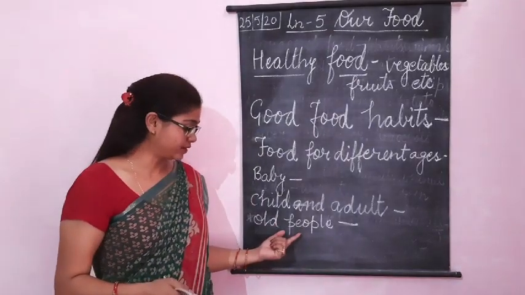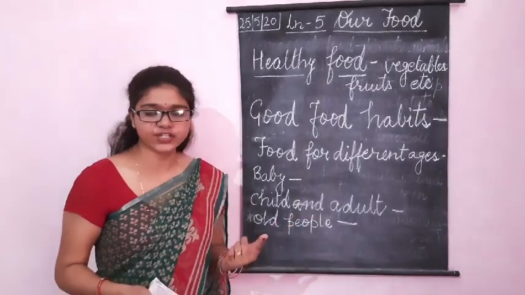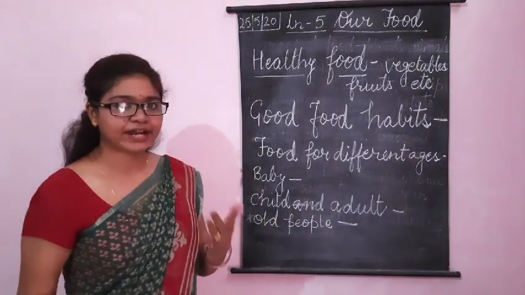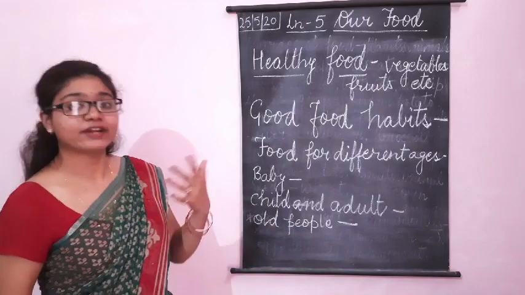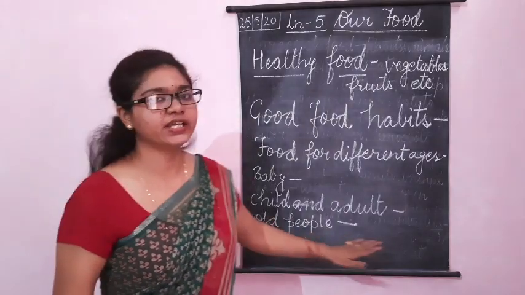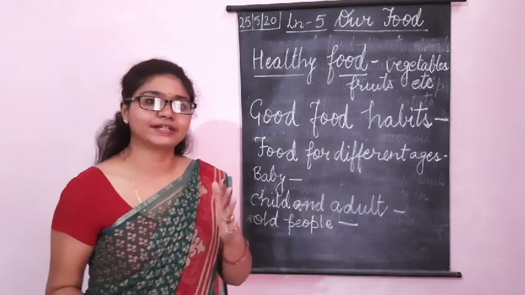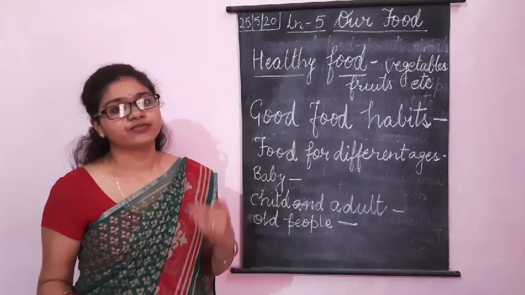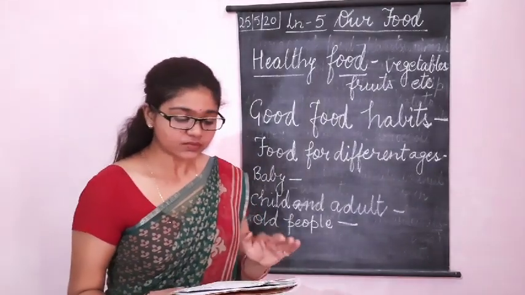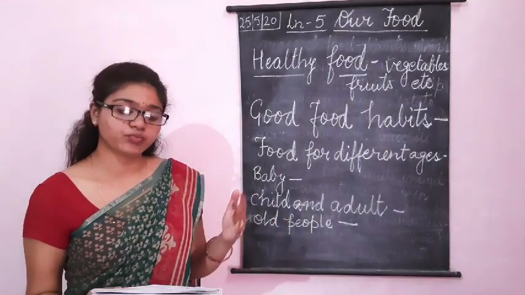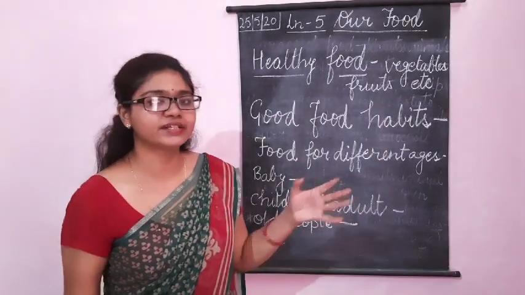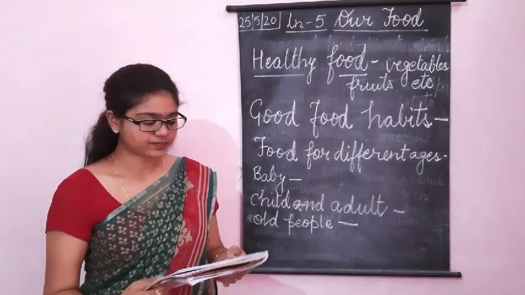Those who are old in age, your grandfather, your grandmother, should eat light food. Why light food? Because light food is good for digestion. They should eat soup, porridge, milk because it is easy to digest.